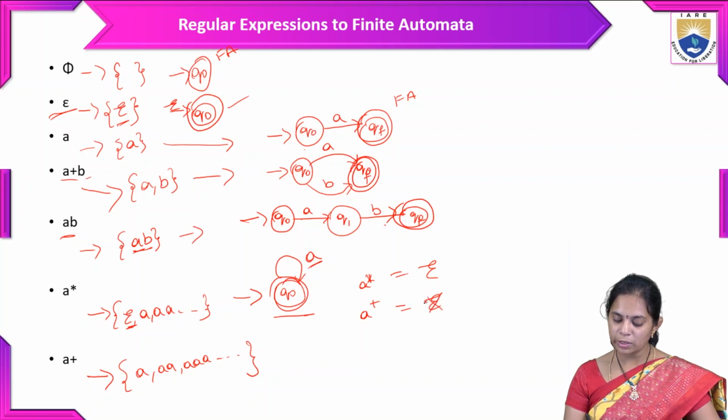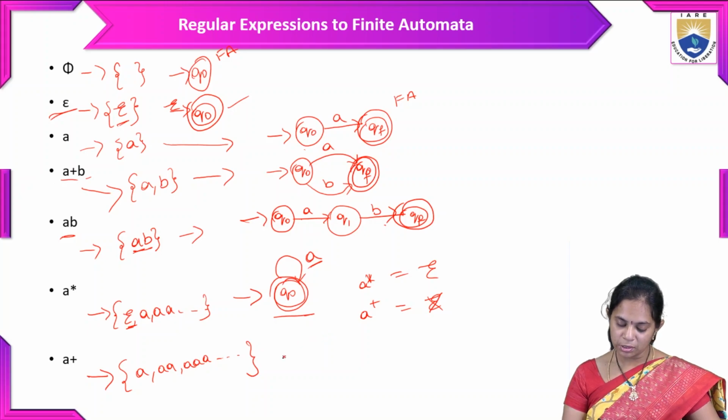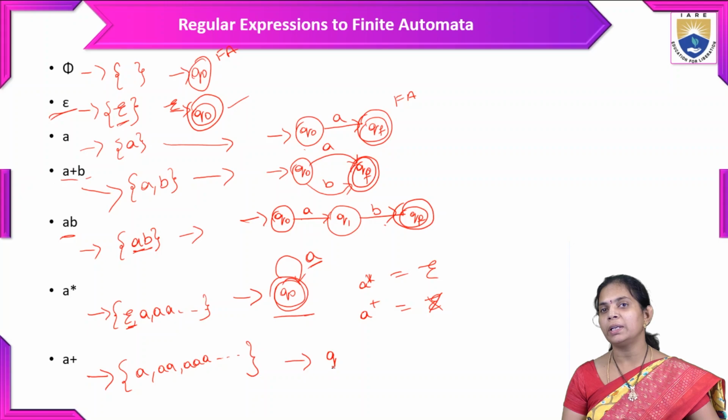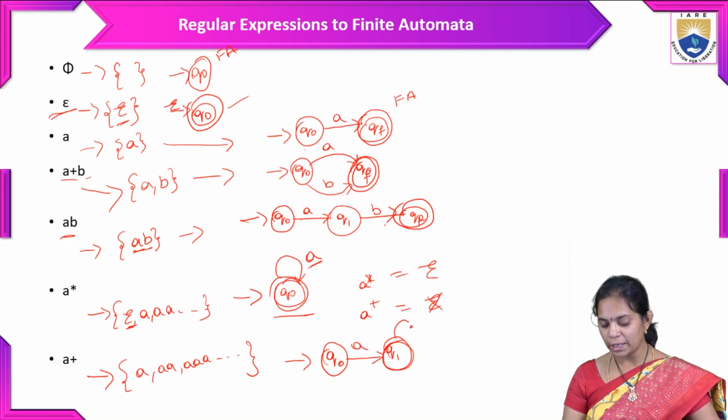No epsilon in the sense the first state is not the final state. So we need to give initially a as an input symbol to the initial state, and it is reaching the final state. It is reaching the final state with the a input symbol, and how many times a is repeating? It stays in the final state only. So this is the a plus.